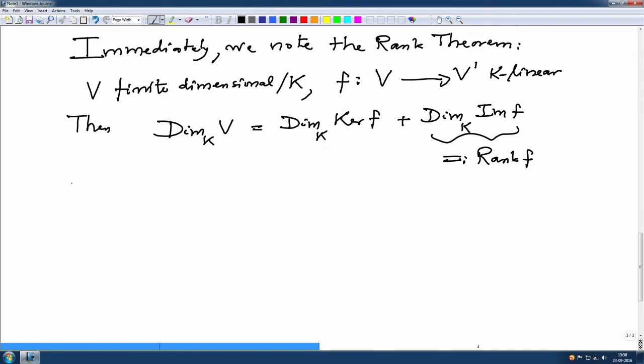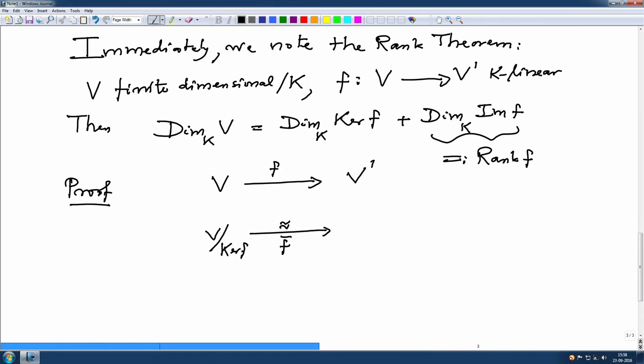So, to prove this, by the isomorphism theorem we know that f will induce an isomorphism f bar from V mod kernel f to the image f. This is the pi map here, the natural canonical surjection, and this diagram is commutative.